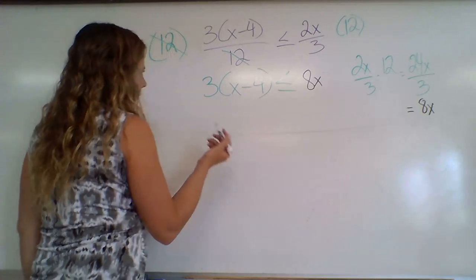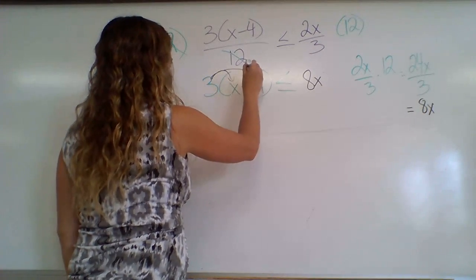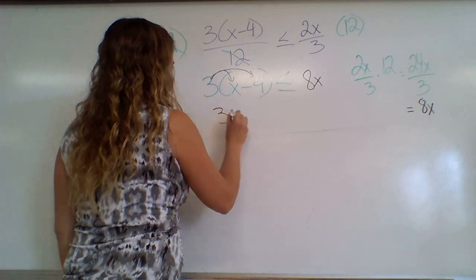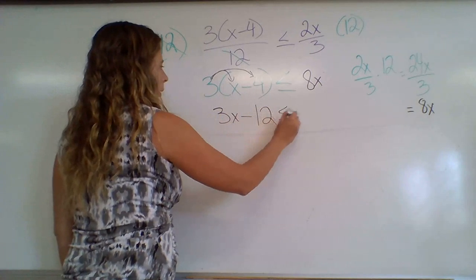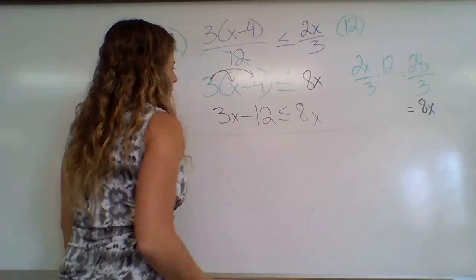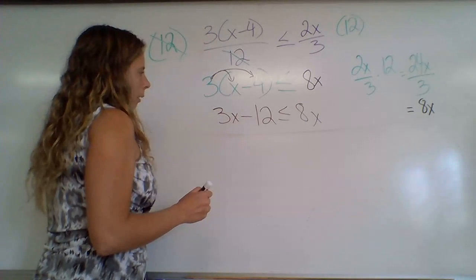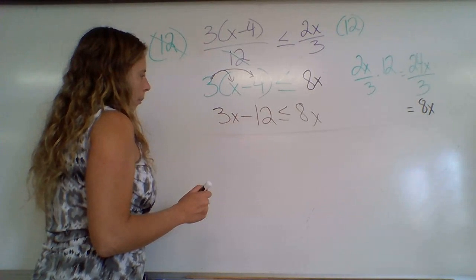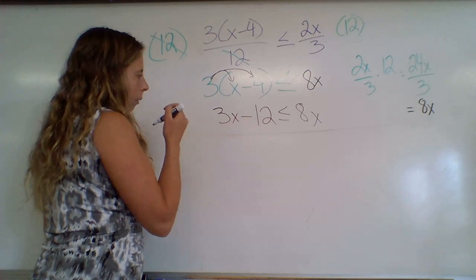And then I would just distribute this. 3x minus 3 times negative 4 is 12. Now, there are a couple things you can do.